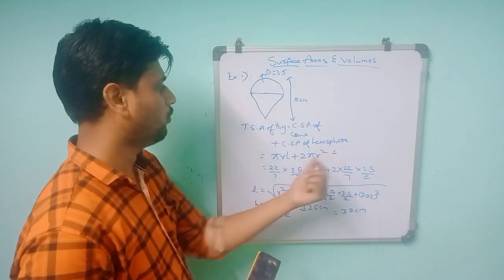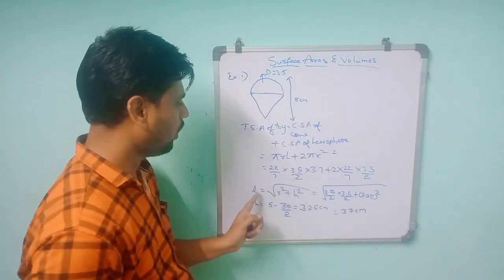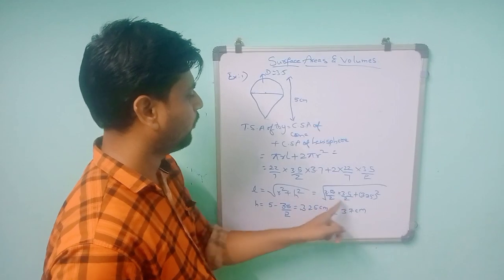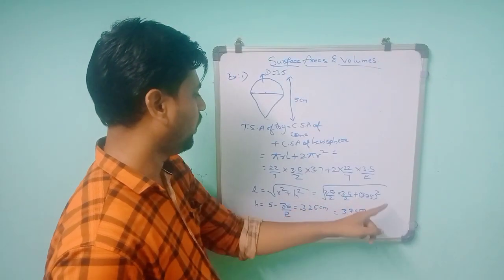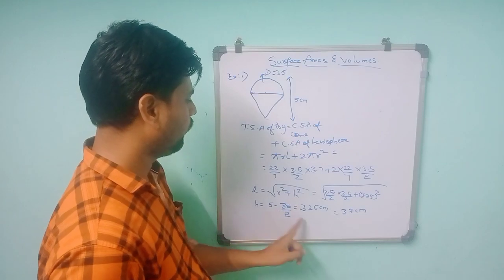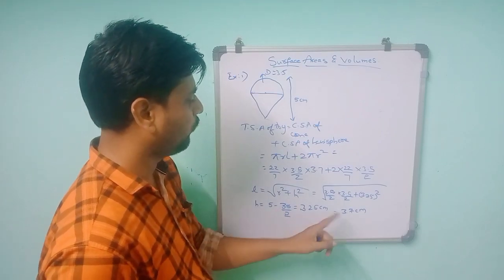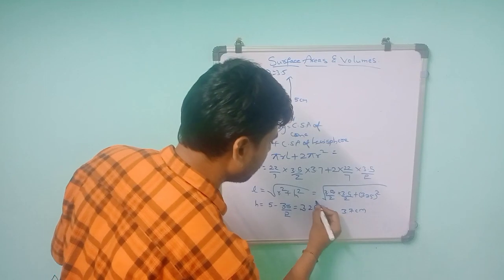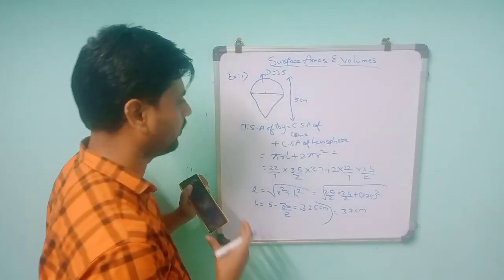So this is 2 pi r square, this is pi r l. So l is root of r square plus h square. So r is 3.5 by 2 plus h is 3.25. We got 3.25 as the h value because h is equal to 5 minus 3.5 by 2. Then this whole answer is 3.7 centimeter.